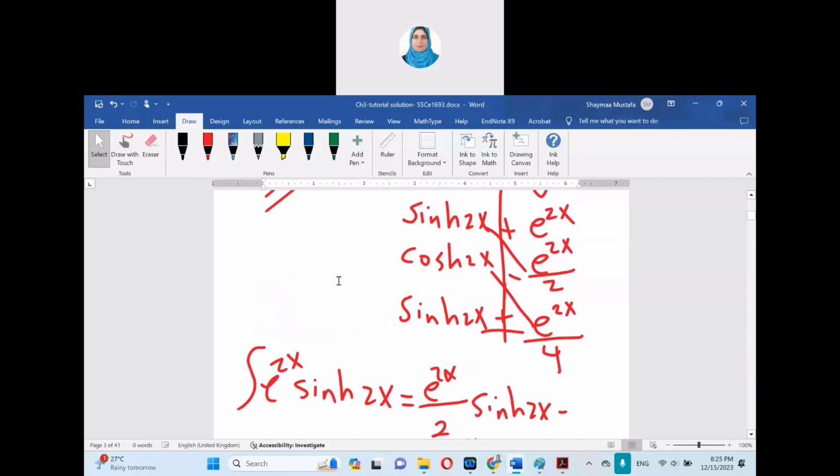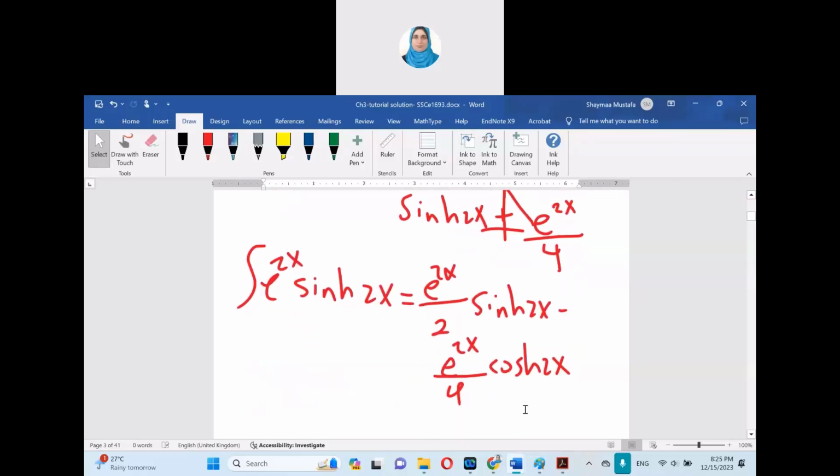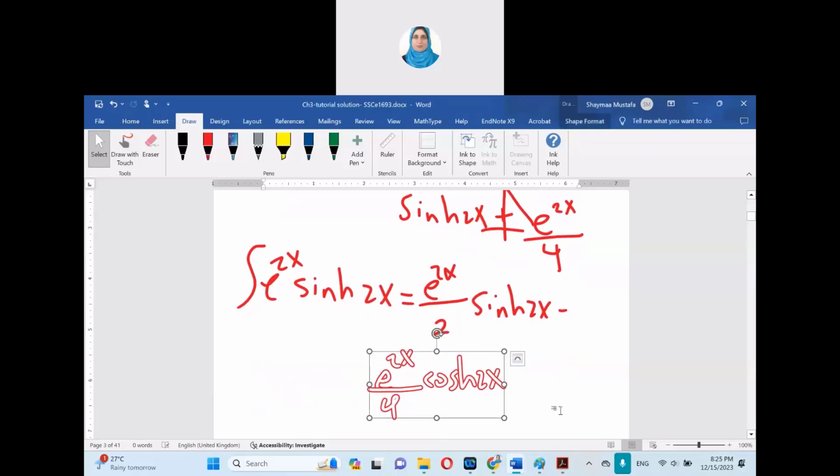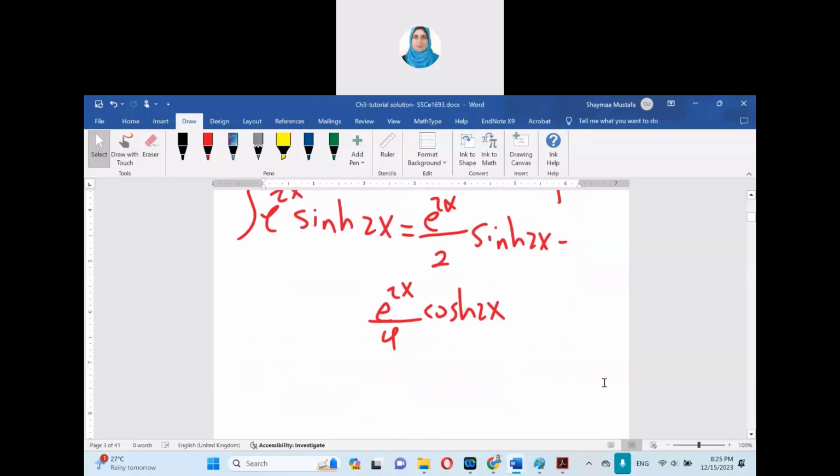and plus the integration, plus 1 over 4 sinh 2x e to 2x, plus the integration of e to 2x sinh 2x over 4.